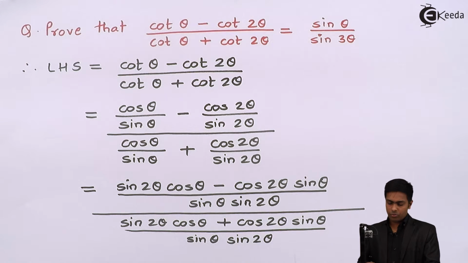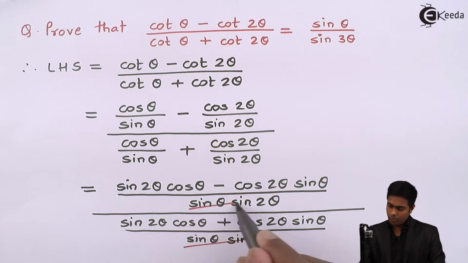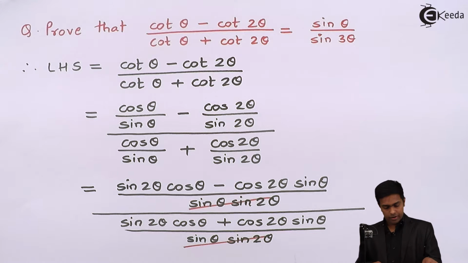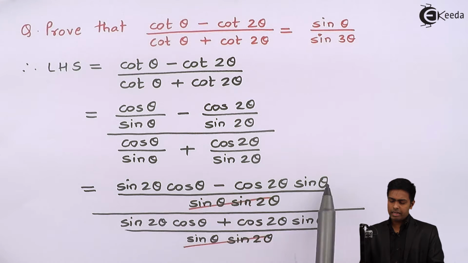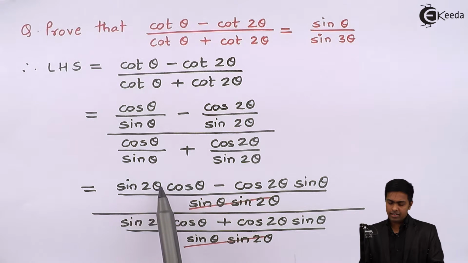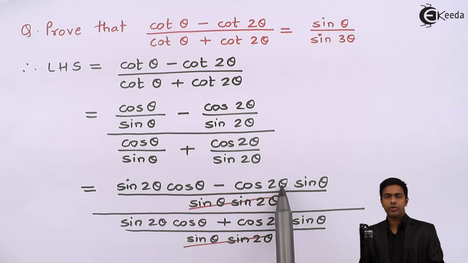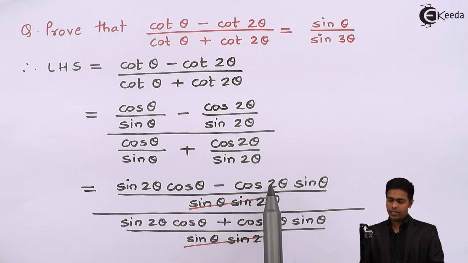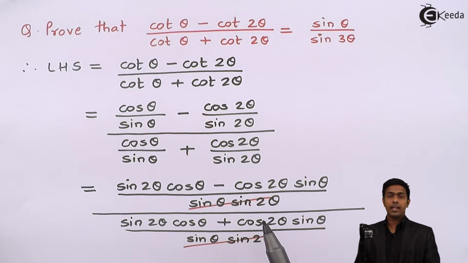Now guys, if you observe carefully, we can cancel the denominator from both the terms. And now for the remaining terms we can apply a formula. Here if you observe carefully, the angle 2 theta is once with sine and once with cos, and the angle theta is once with cos and once with sine.